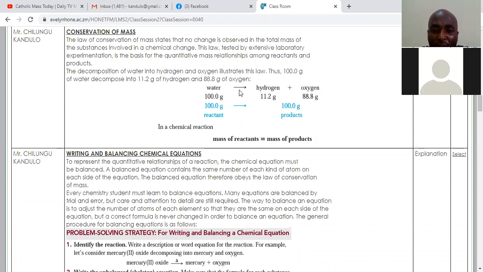It's the law of conservation of mass. The total mass on the reactants must also be the total mass on the products. So to get the other quantity you're looking for, you just subtract from the total mass. This is how you work this out.